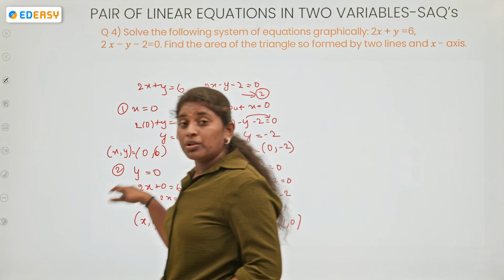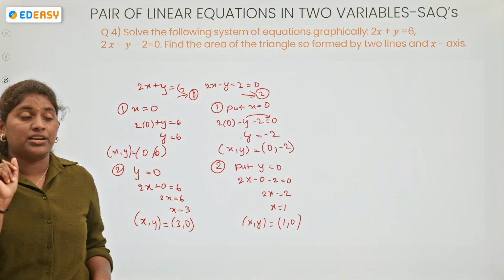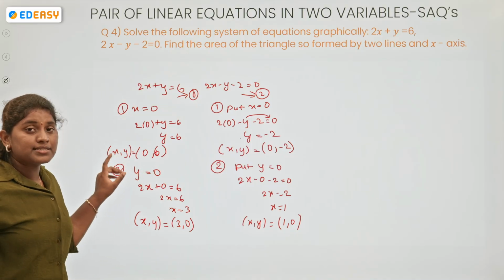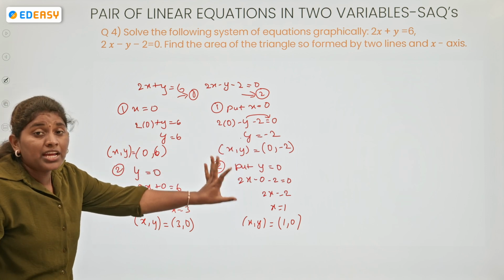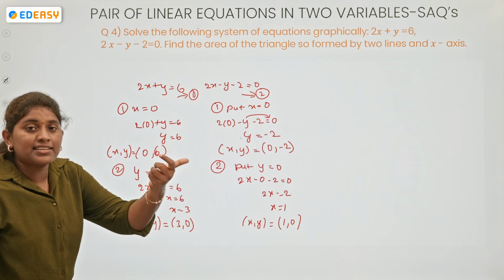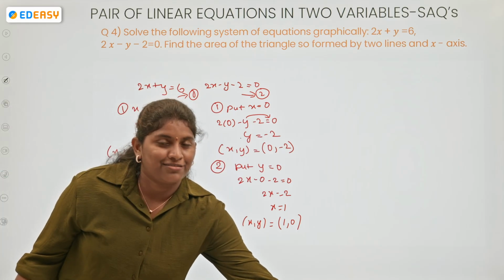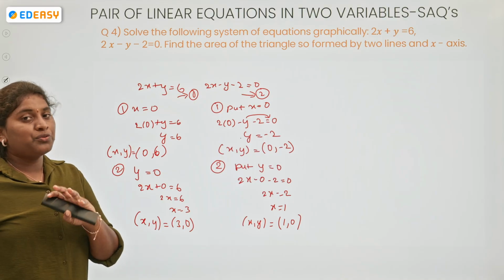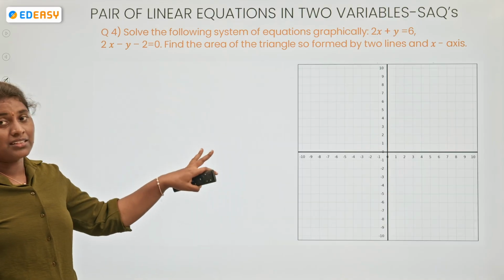That means we got the points where the straight line of the first equation will meet the x-axis and y-axis, and the 2 points where the straight line of the second equation will meet the x-axis and y-axis. Now let's plot the points on the graph. In your exam, you will be getting the graph sheet, no need to worry. Here I have just taken a rough graph.